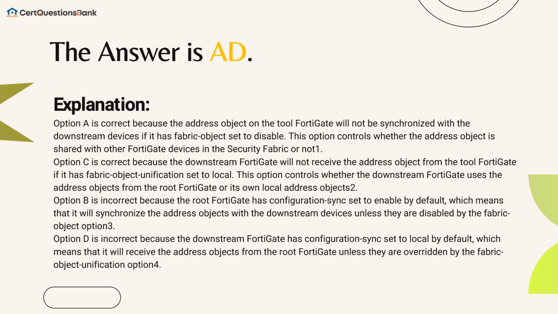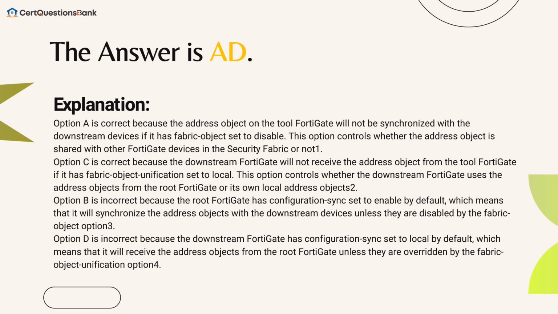Option C is correct because the downstream FortiGate will not receive the address object from the root FortiGate if it has fabric object unification set to local. This option controls whether the downstream FortiGate uses the address objects from the root FortiGate or its own local address objects.